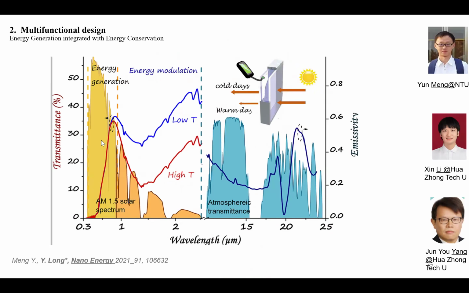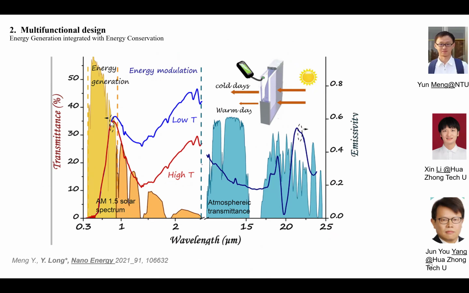And multifunction, this is the second category, multifunction design. Previously, for example, people dealing with solar cells only talked about this region, right? They just kept enhancing the PCE. So we designed a cross multi-spectrum, from 0.3 microns in the UV to 25 microns in the long wavelength infrared.